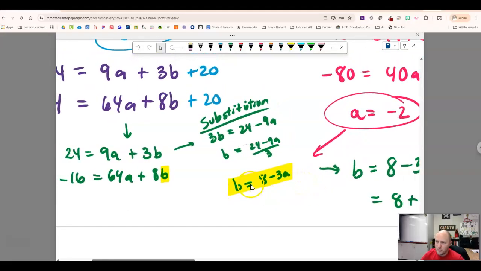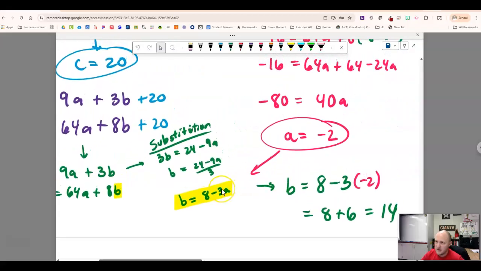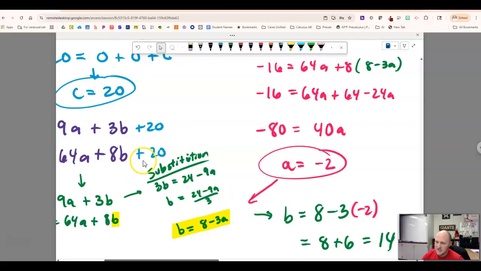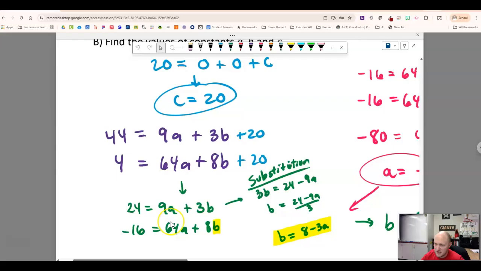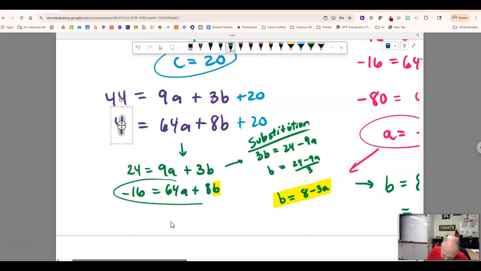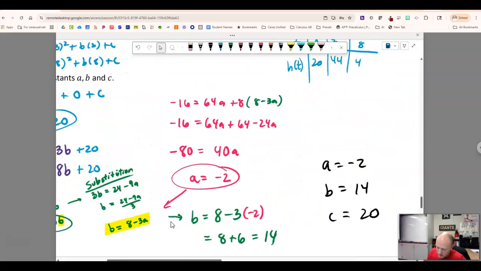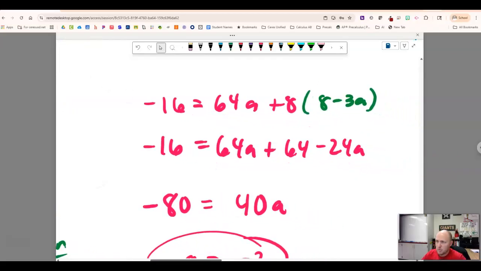Once you have b in this term, I could go ahead and plug it into my second equation. So I took the negative 16, right? I took this equation here. The negative 16 equals 64a plus 8b, and I replace b.